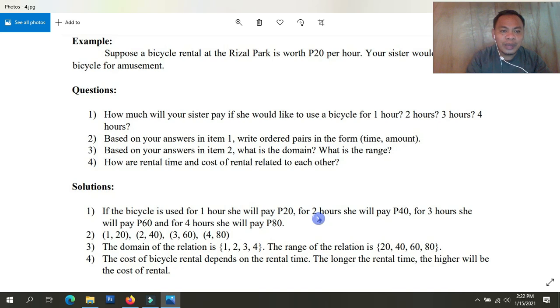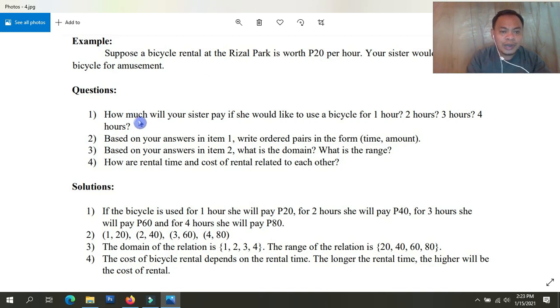Okay, so we have here, suppose a bicycle rental at Rizal Park is worth 20 pesos per hour. Your sister would like to rent the bicycle for amusement. So, ibig sabihin nito, meron pong parentahan ng bike doon sa Rizal Park, tapos 20 pesos per hour yung renta.